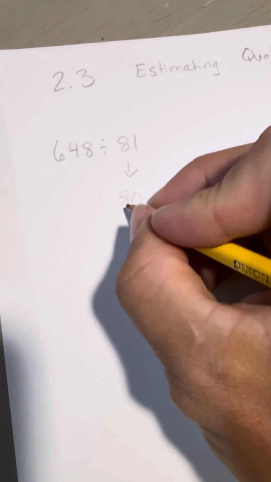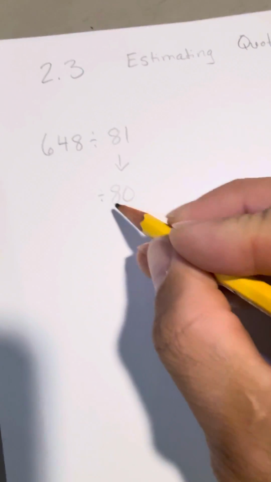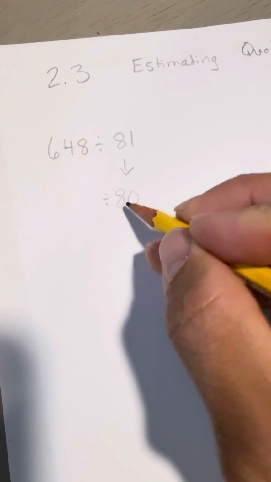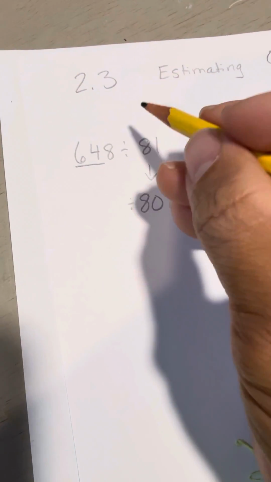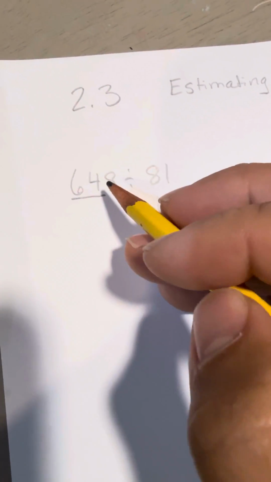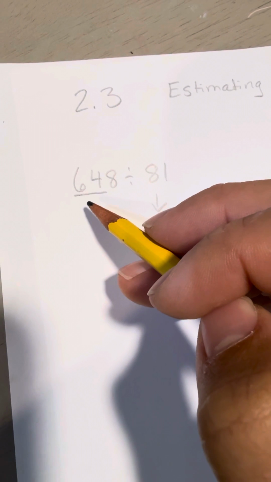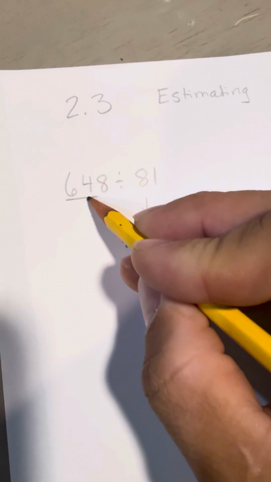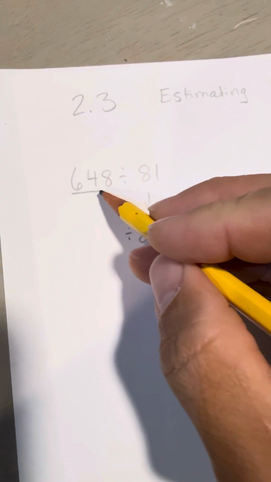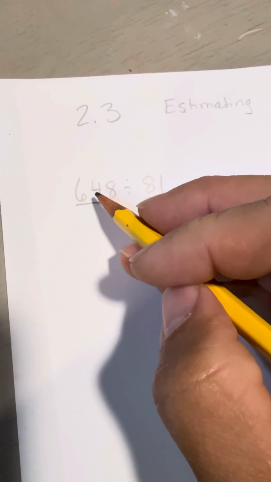Now I'm thinking about multiples of 8 that are close to 648. I always tell my students to underline the first two digits. This is going to help. So I have a number of 64. I'm looking for multiples of 8 that are close to 64. If you know your math facts, that probably came pretty easy.